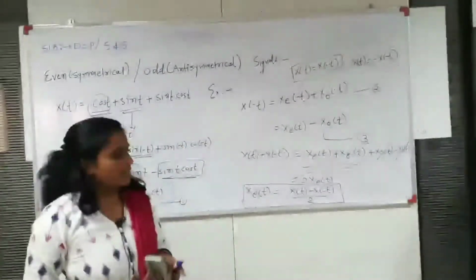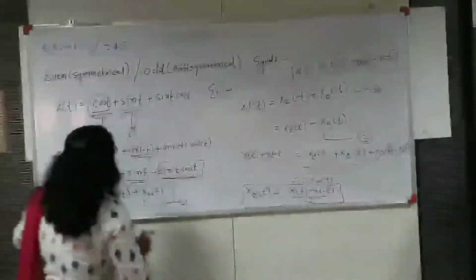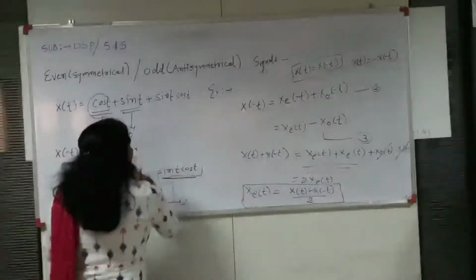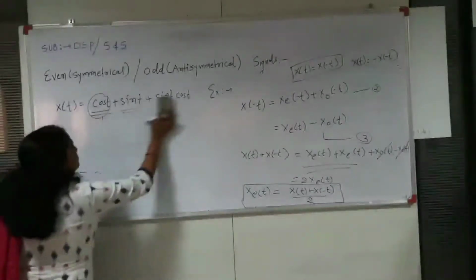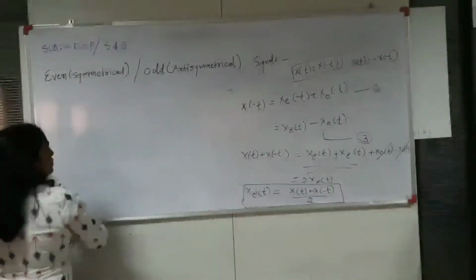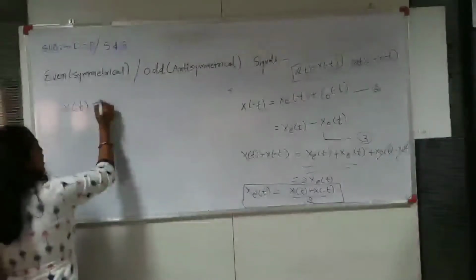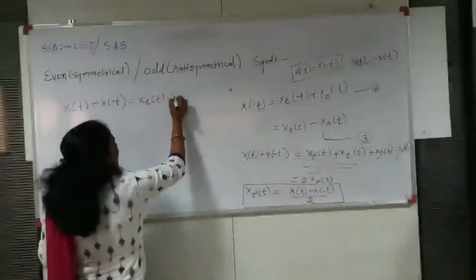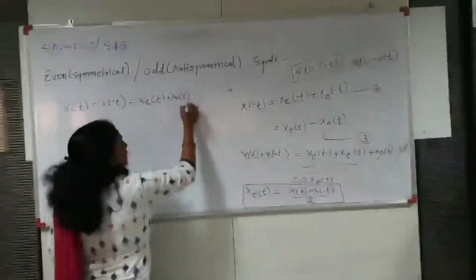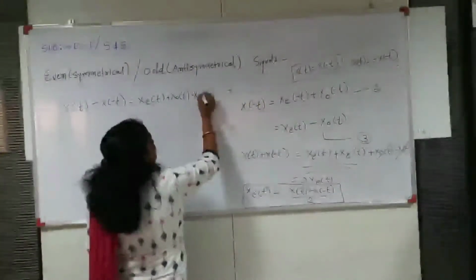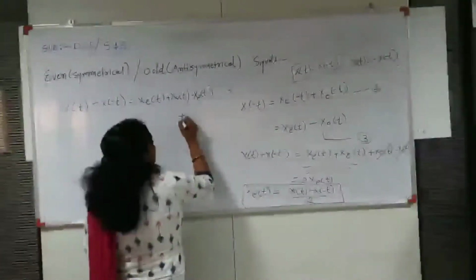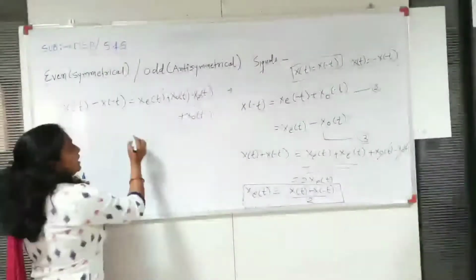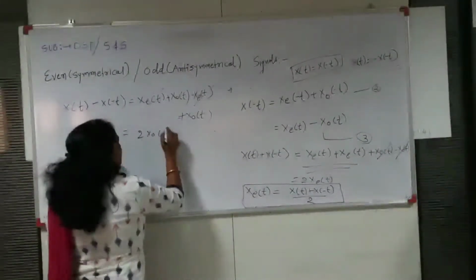In the same way, we get the odd component by subtracting this equation from the other. So x of t minus x of minus t is x even of t plus x odd of t minus x even of t plus x odd of t. Here the even component cancels out, so we get 2 times x odd of t.